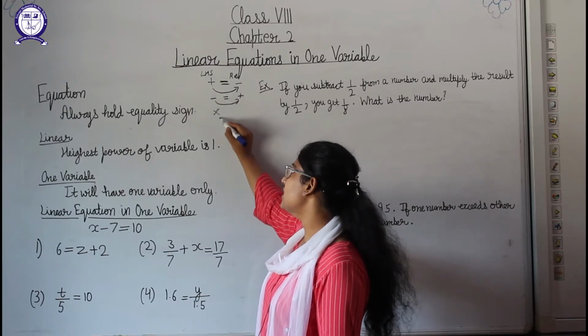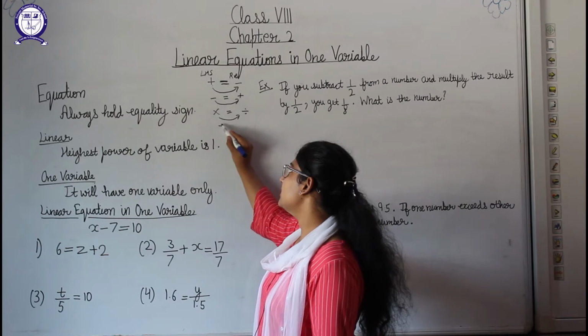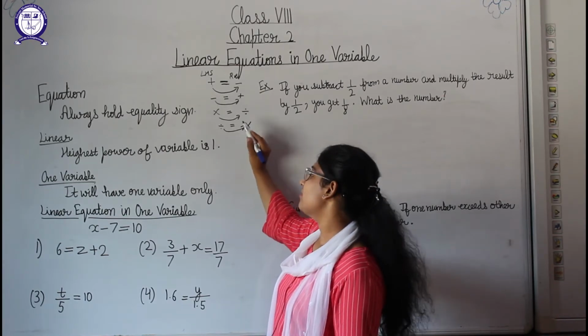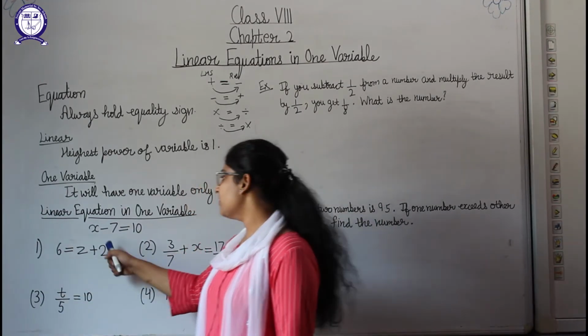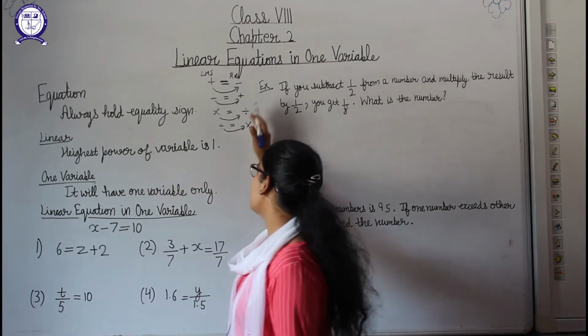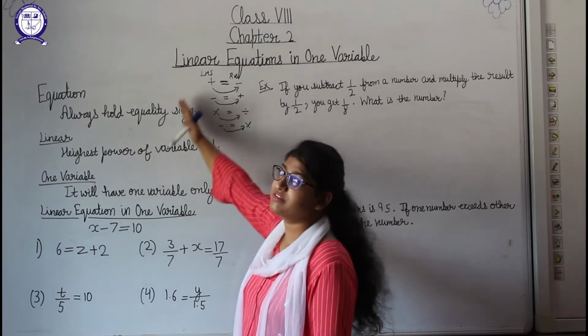If it is multiplied, then it will be divided. If it is divided, then it will be multiplied. Okay, like this we can take one value from one part of the equation to the other part. So we have to follow these rules, and the same is for right hand side to left hand side.